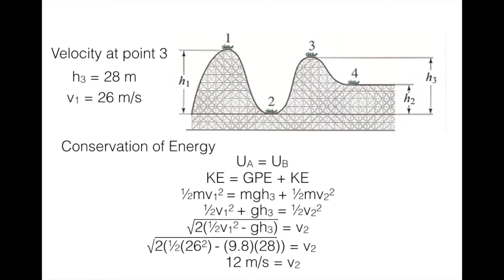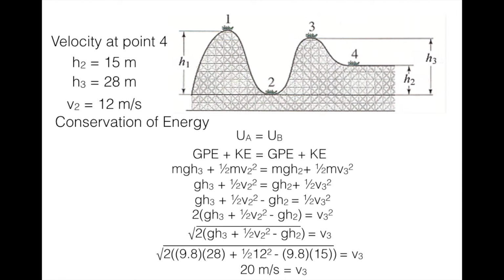So again, we divide both sides by 1/2 and take the square root. So we have root 2 times (1/2 v1 squared minus gh3) is all equal to v2. Putting in the component values, we have root 2 times (1/2 times 26 squared minus 9.8 times 28) is all equal to v2, and v2 comes out to be 12 meters per second.